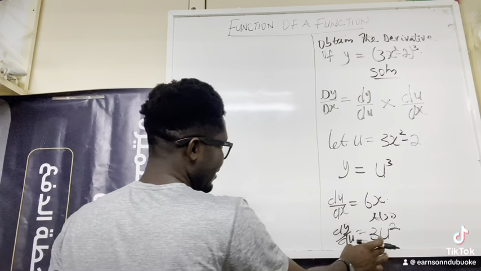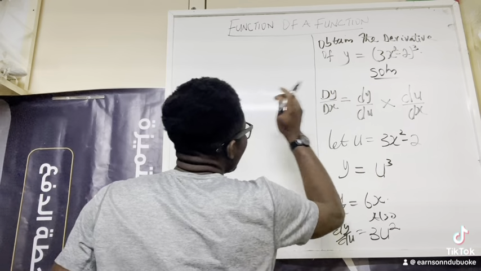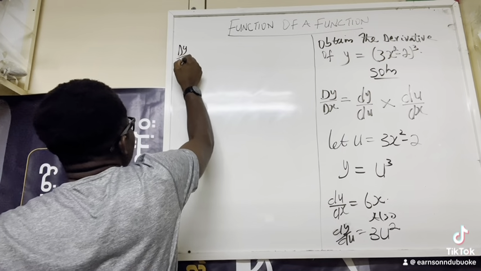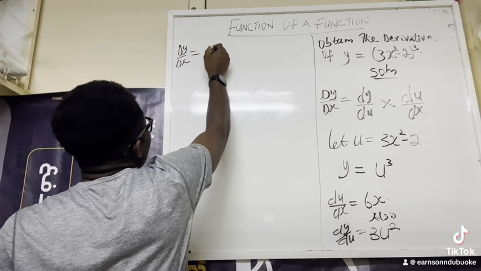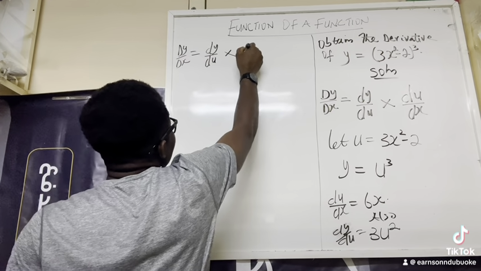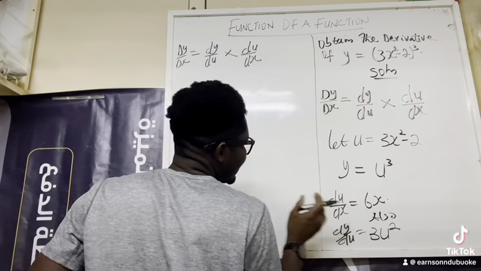You have differentiated this. So the next thing you need to do now is apply this formula, saying that dy over dx is equal to dy over du times du over dx. So substitute this.